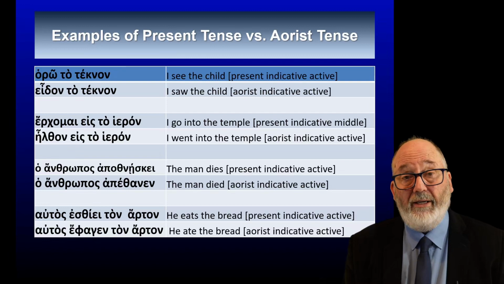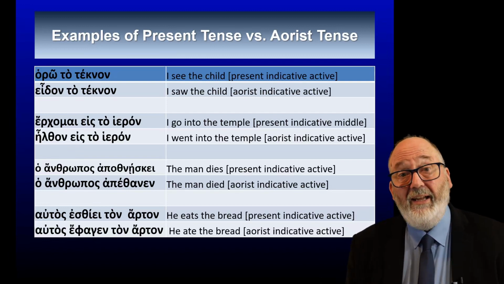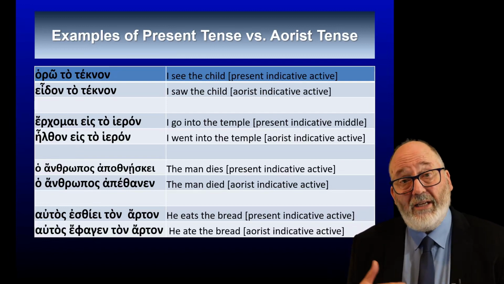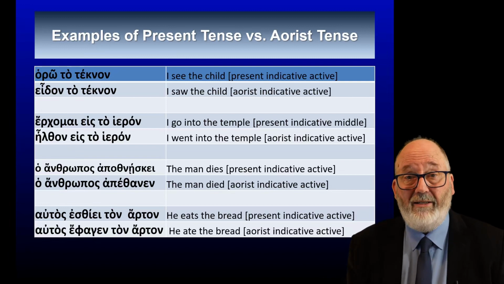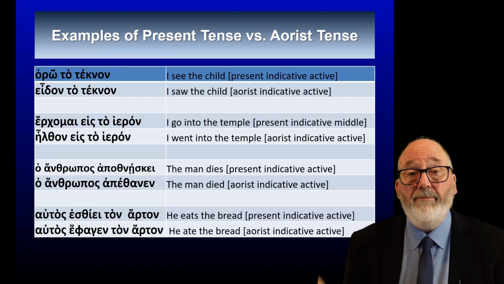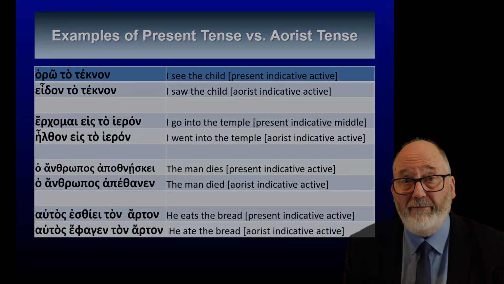He ate the bread. And as you can see, the English translation just comes if you don't think about it too hard. So present tense, I eat. Past tense, I ate. The hard thing about aorists is learning the vocabulary. Once you know the word, you will immediately recognize it as an aorist, and it will be a simple matter to translate it.